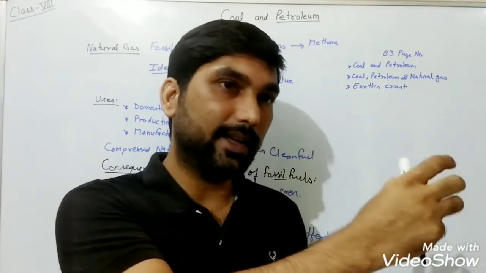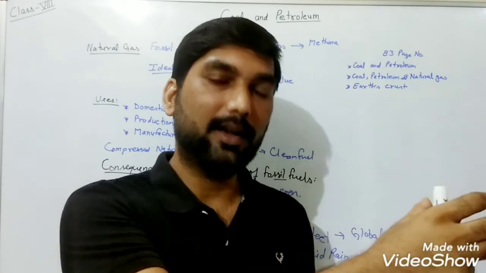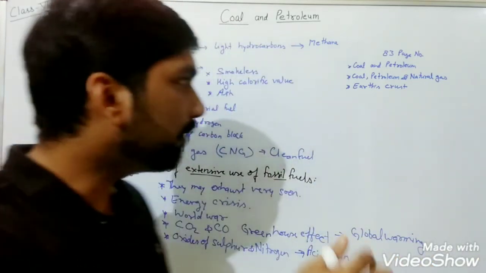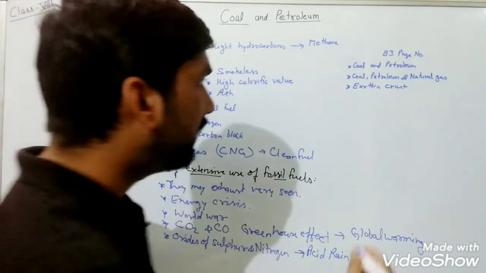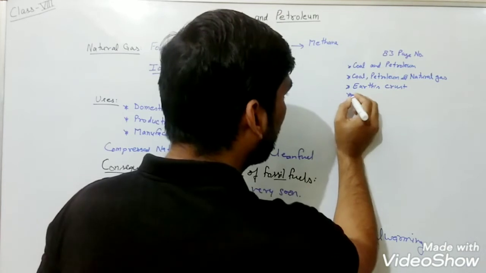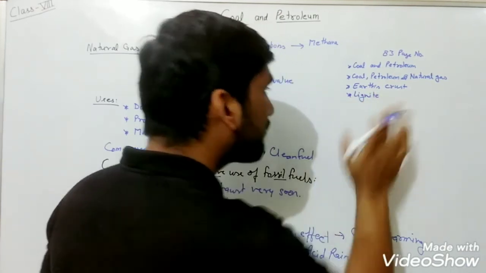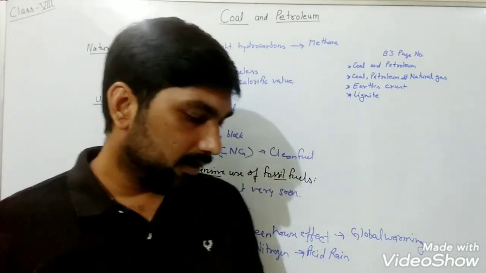Anthracite. Means anthracite is having the most amount of content of carbon. So here only 3 are given, that is what? Bituminous, anthracite and lignite, and your answer will be what? Lignite is having the least carbon content out of given these 3.